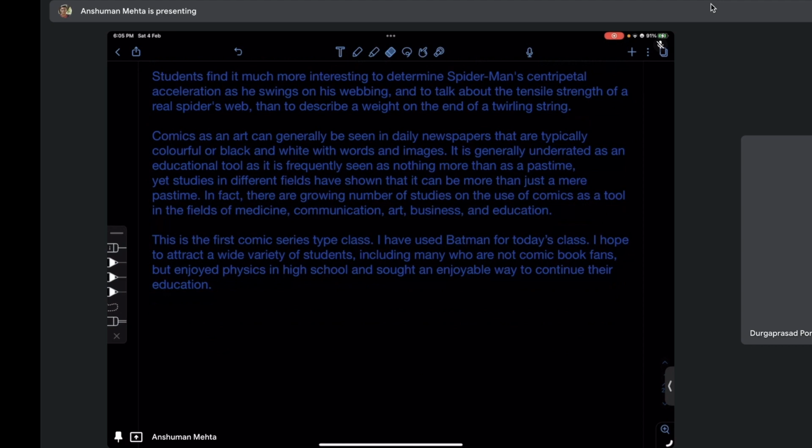I hope to attract a wide variety of students, including many who are not comic book fans also. Durga Prasad is not keen on Batman, but I will still explain the intricacies of the Batman characters, so that in the final part I can explain why those characters illustrate the theory we wanted to learn in this subject.